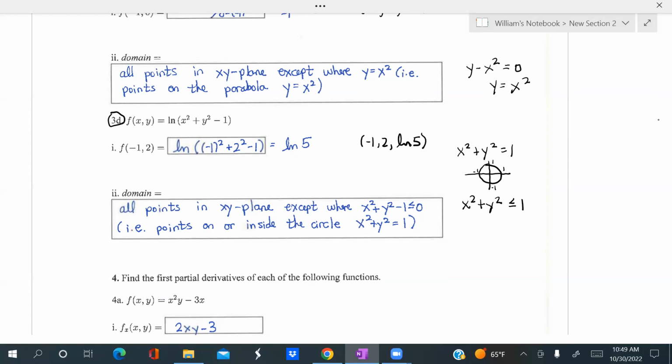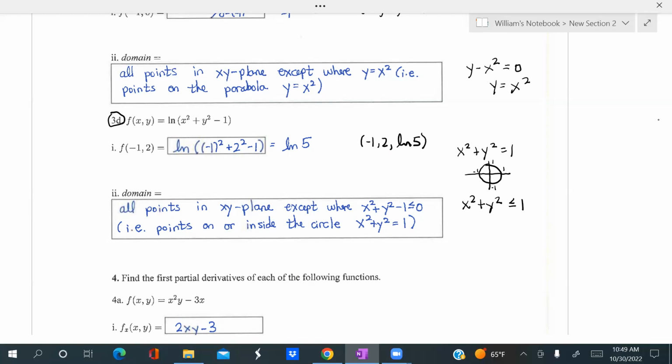So our domain consists of all points in the xy plane except where x squared plus y squared minus 1 is less than or equal to 0, or in other words, all points in the xy plane except points on or inside the circle.